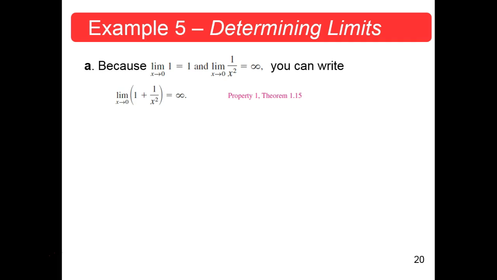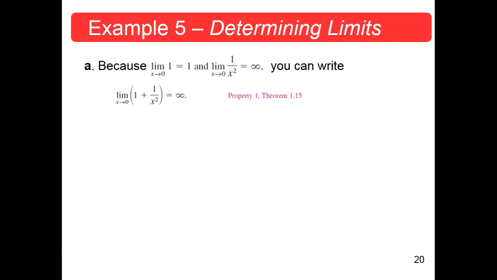Now the limit as x approaches 0 of 1 over x squared. As x gets closer and closer to 0, either from the right or from the left, x squared is going to be a very, very small positive number, because whether x is positive or negative, you square it, it's going to be positive, and getting smaller and smaller. And 1 over a very tiny number is going to infinity. Try it. 1 over 0.1, that's 10. 1 over 0.01, that's 100. 1 over 0.001, that's 1,000.